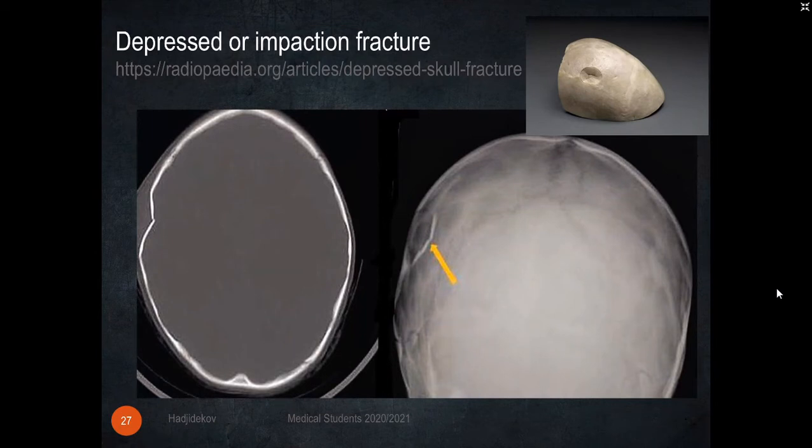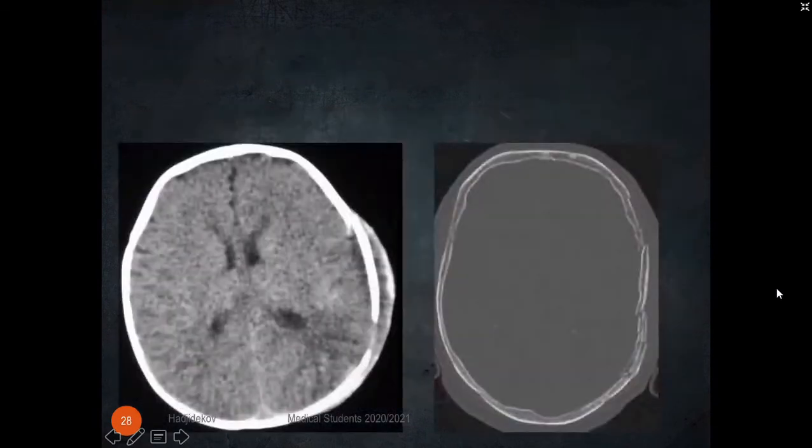Those depressed or impaction fractures look like that. For example, if you give some injuries to a person with a hammer, you will observe this kind of depressed impaction fracture, which could be either with one fragment or with multiple fragments, because in the next case you see a multiple fragment fracture with displacement of the bone fragments.